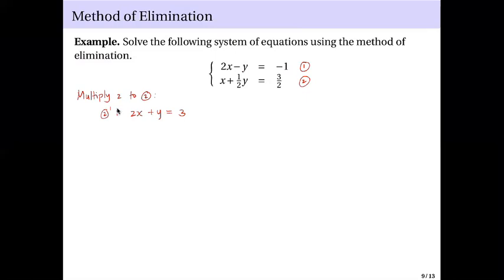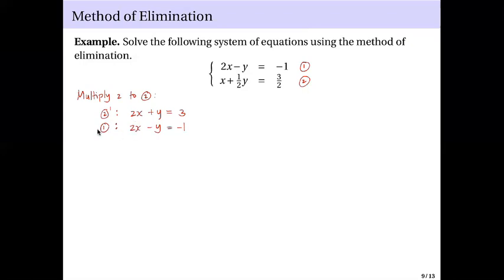So we multiplied 2 to the second equation. And then we copy equation 1. Okay, we'll just have 2x minus y equals minus 1. So observing, here you have 2x in the second equation.